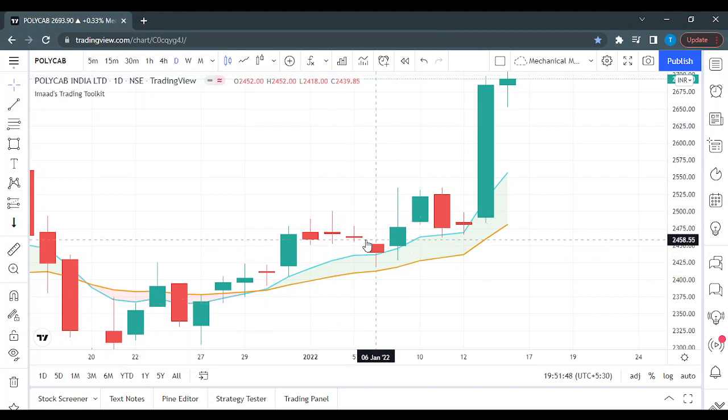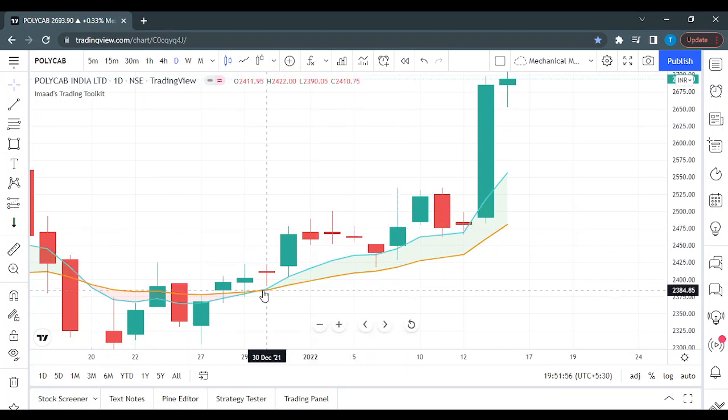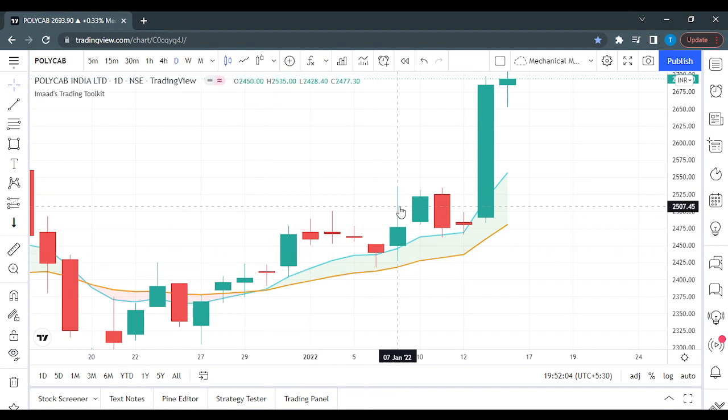But if this pullback does not continue and there is another move in the ongoing trending direction, now we know that this is a bullish crossover. Now our bias is that over all the time frames, the stock needs to be bullish, right?